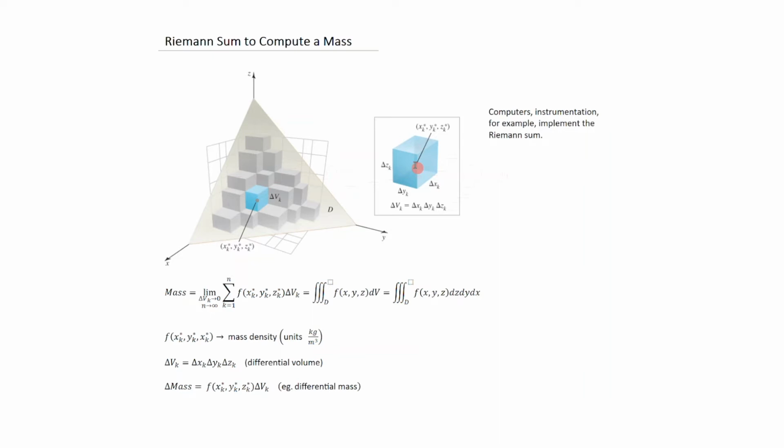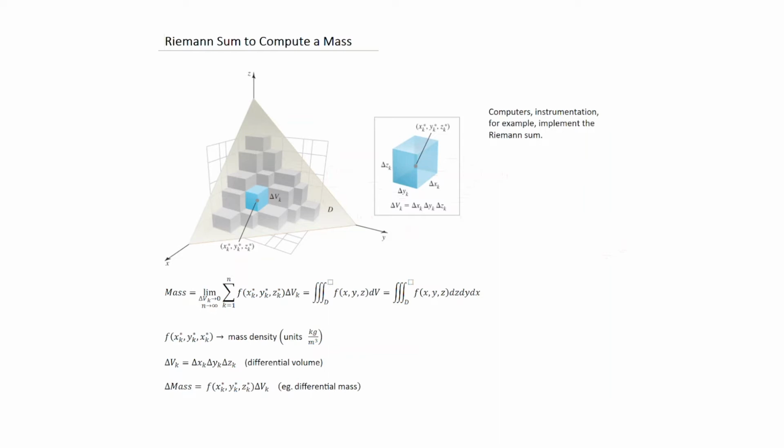The differential volume of this little box, delta V_k, where k refers to the individual volume element, will be just delta x_k, delta y_k, delta z_k. Usually the delta V_k's are taken to be the same, so delta x_k, delta y_k, delta z_k will be the same for each one of these elemental boxes. It doesn't have to be so, but generally it's the way we set the problem up.